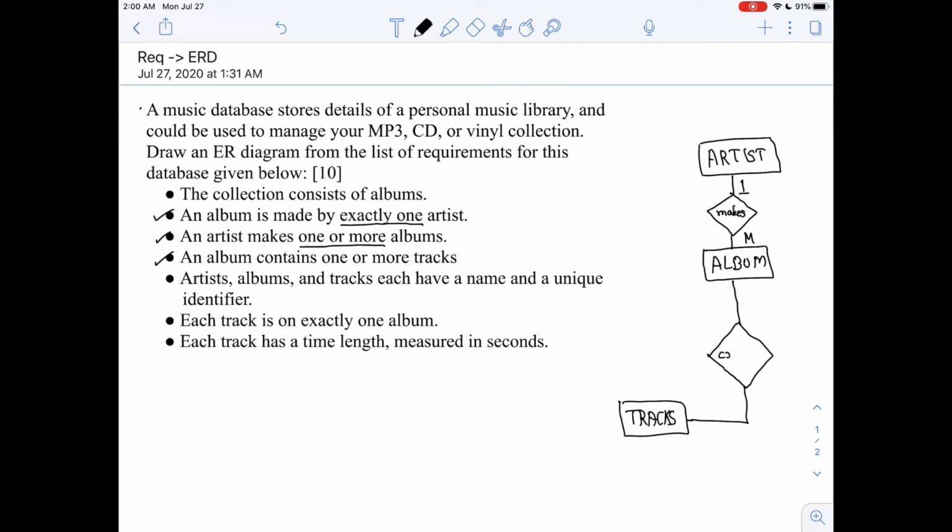So an album contains one or more tracks. Again, an album contains one or more tracks. So therefore one album can contain one or more tracks, right? So I'm writing an M here.